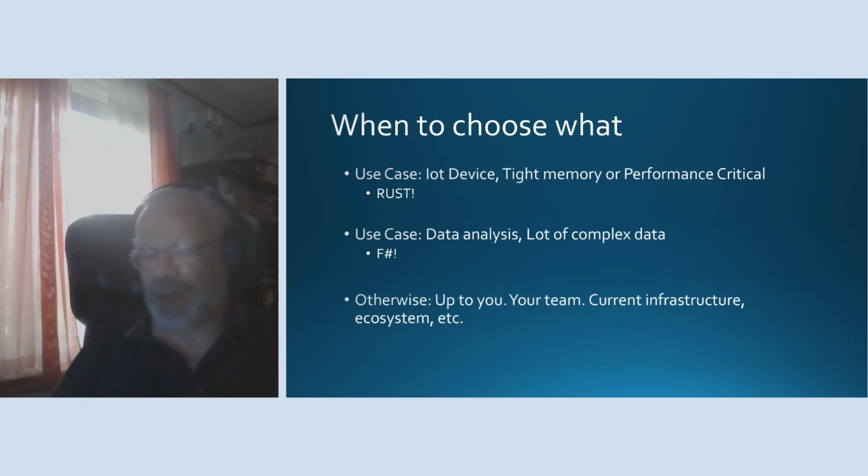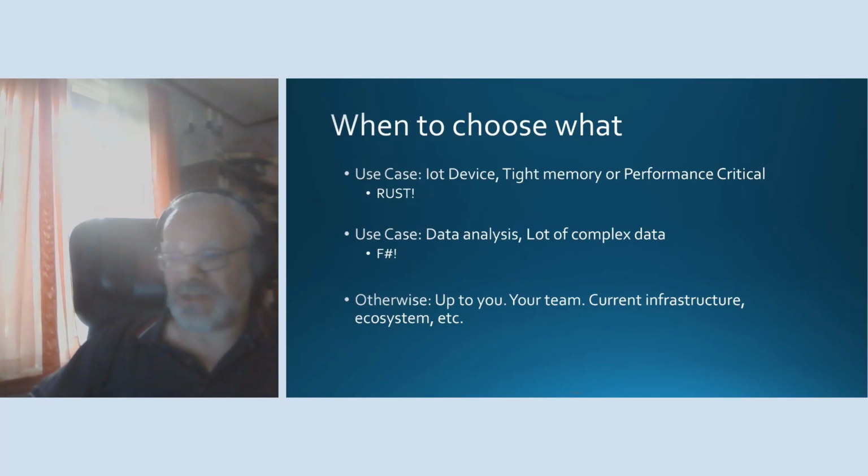In my case, I would probably choose F# over Rust more often than the other way around, mainly because I am comfortable with F#. I've written a lot more F# code than Rust now, and I just prefer F#. That's my thing. So that's it.